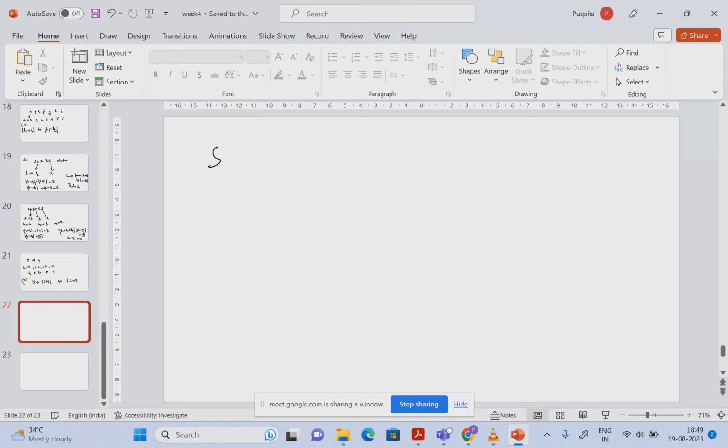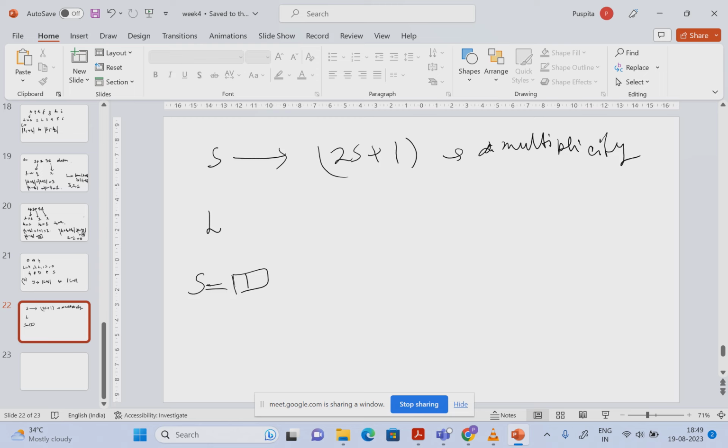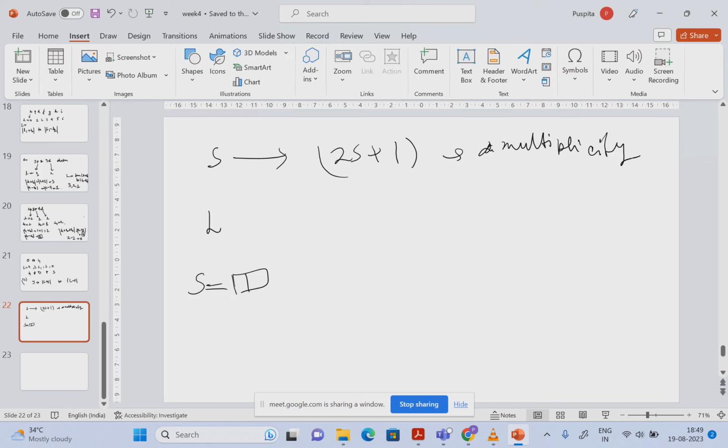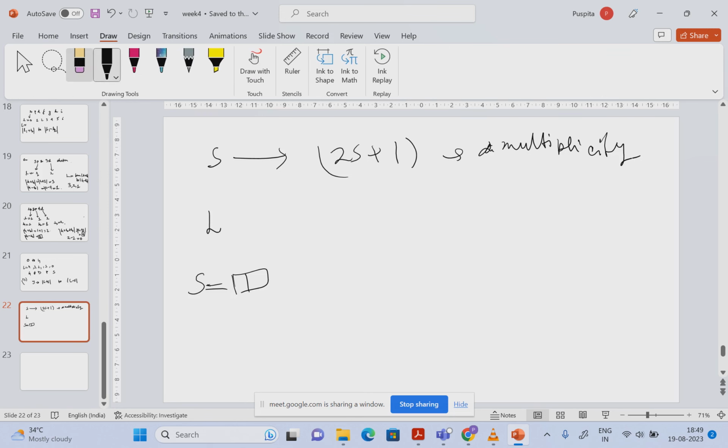So we know when S is something, the total number of states is 2S plus 1. This is called multiplicity. When there is some L, like for the S orbital, only 2 electrons can reside, one spin up and one spin down, in only one suborbital.